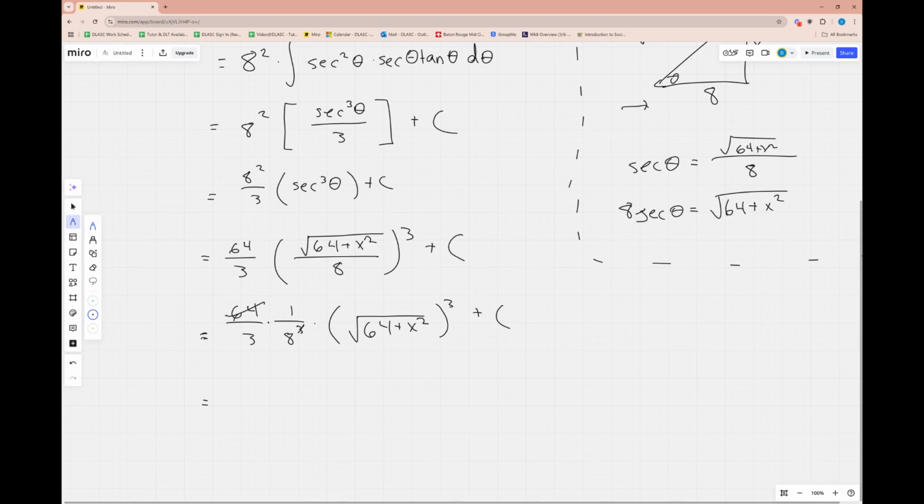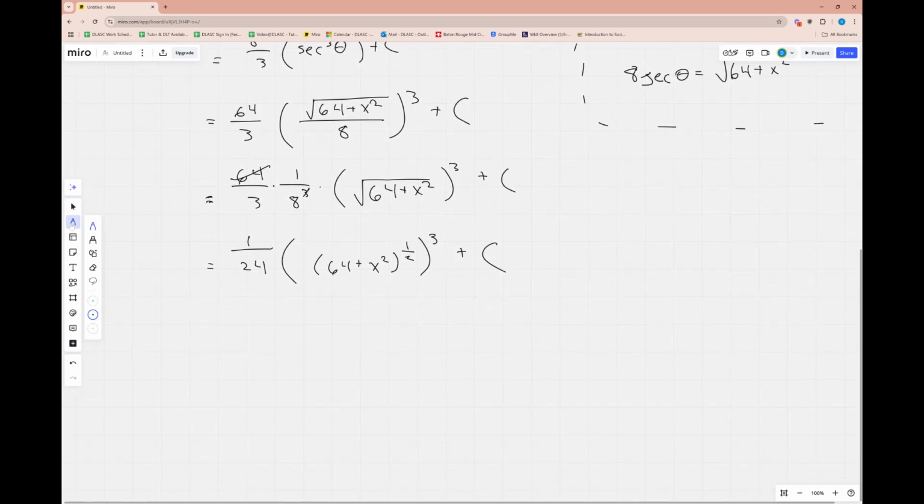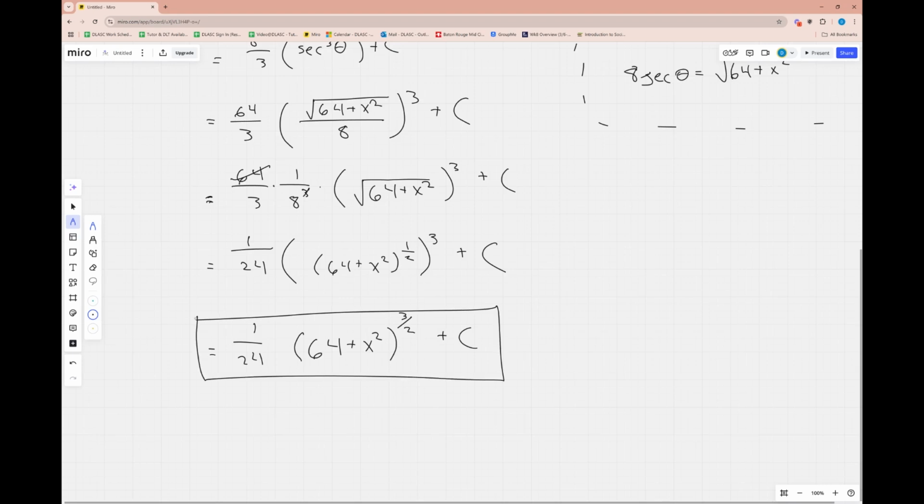So we're going to have 1 over 8 times 3, which is 24, times, and I'm going to rewrite this too, 64 plus x squared to the 1/2 power to the 3rd power plus c. Well, if I can do that, then I can do this. And there you go. There's your final answer.